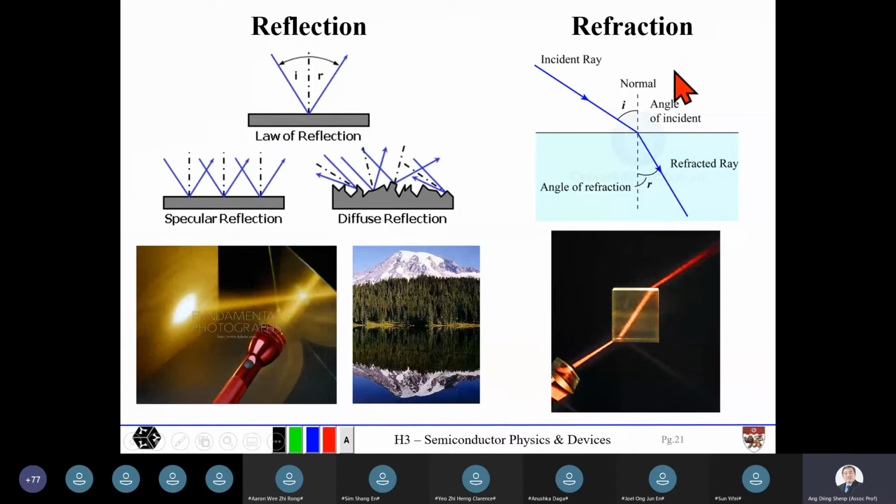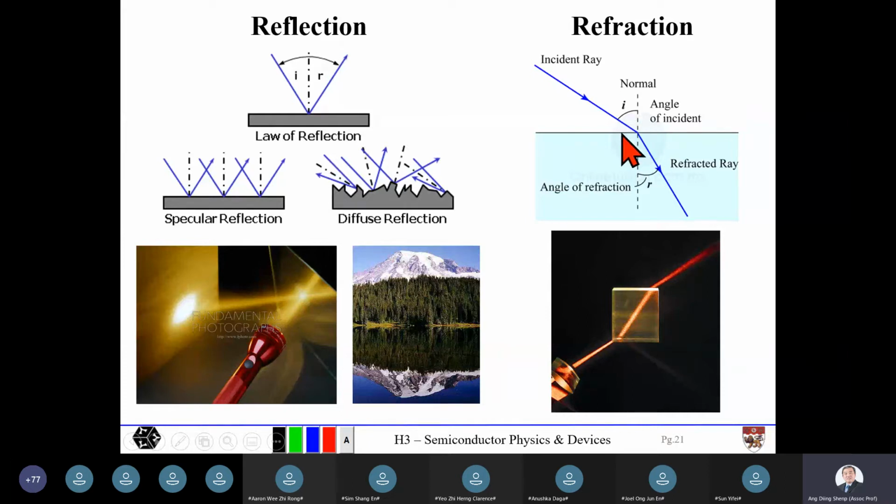Now, refraction is a totally different thing. Refraction simply means a change in the direction of the light ray when it travels from one medium to another medium. If you take the example of light traveling from air or vacuum and striking a denser material, for example water or semiconductor, which typically have a higher refractive index, the angle of refraction in this case will be smaller than the angle of incidence.